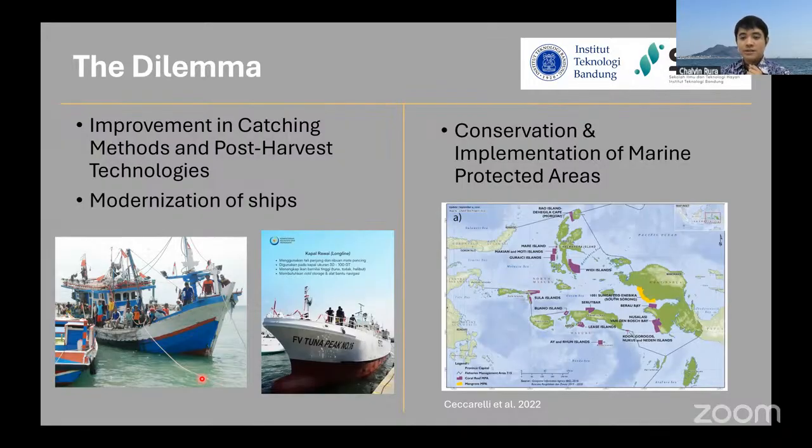Especially in Indonesia, there are certain seasons where the waves are very high, especially near the Indian Ocean or the Pacific Ocean that is much more exposed. The winds can be very high and the waves can be very high. So it's hazardous. Fishermen can't go to sea, can't catch fish, and this is also a very big problem.